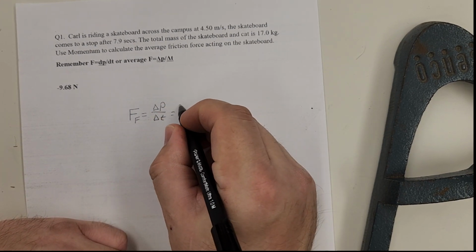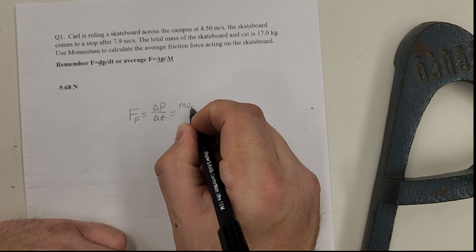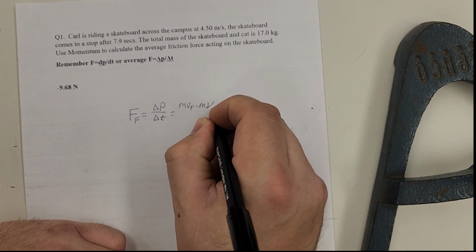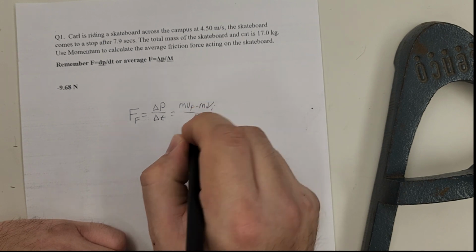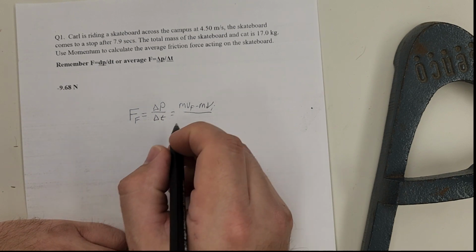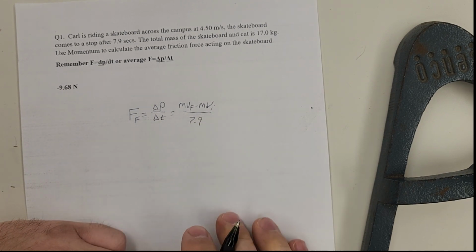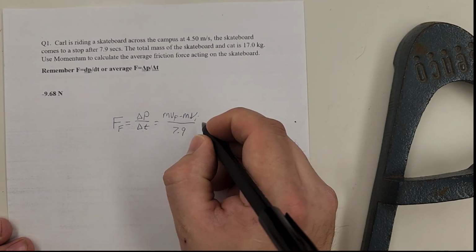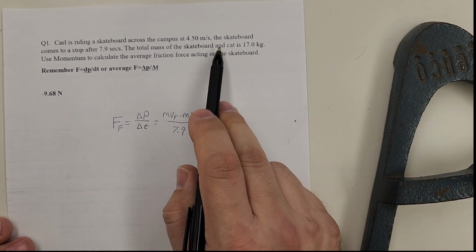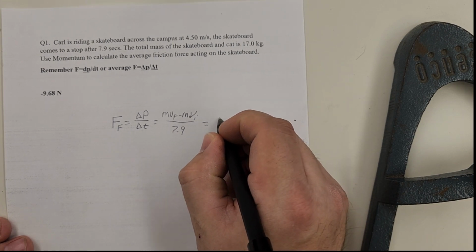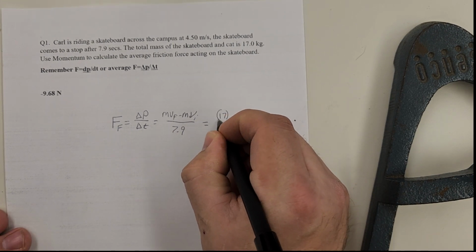The change in momentum would just be m v final minus m v initial, over the change in time, and it says here it comes to a stop in 7.9 seconds. So this one would be 7.9. If we keep going, we know that the mass of the skateboard and the cat is 17 kilograms, so I can have 17 for the mass.